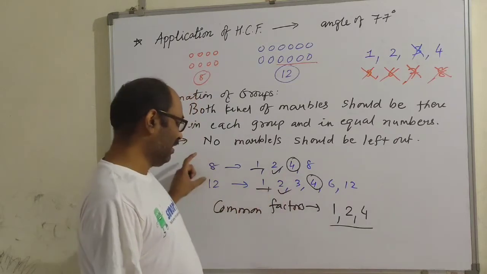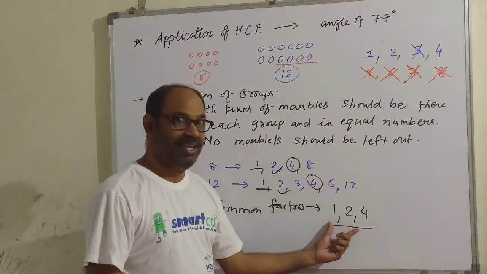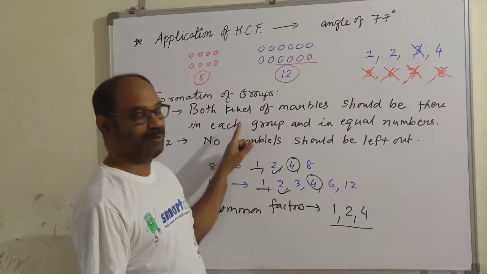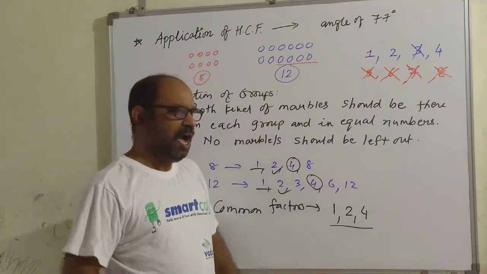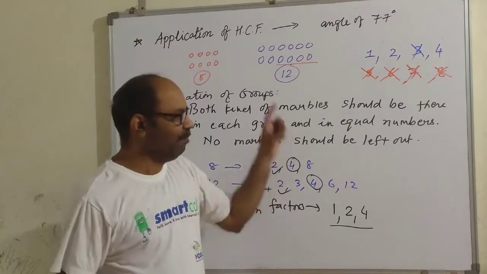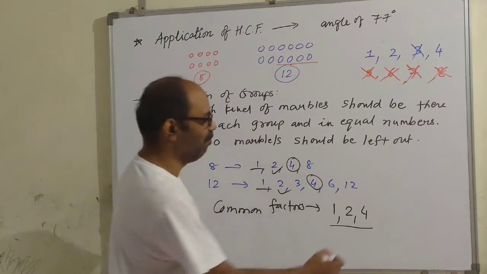The common factors of both the numbers are actually the number of groups that you can form, satisfying these 2 conditions. And if I say I want to form the maximum number of groups in this game, how many groups can I form?